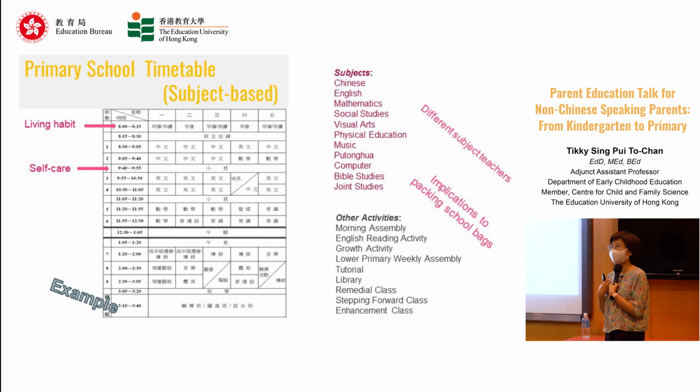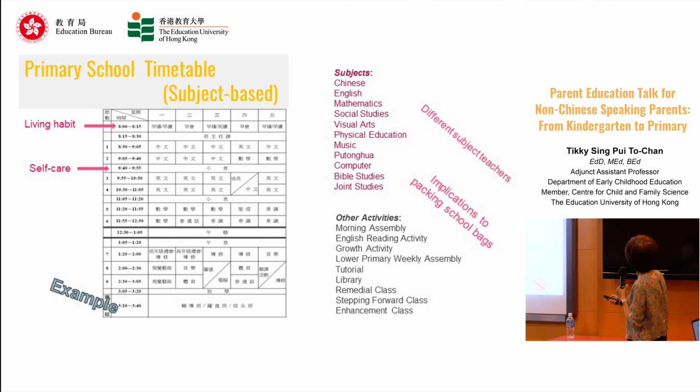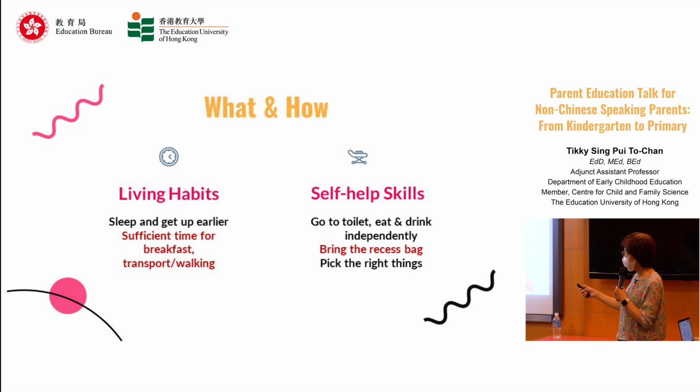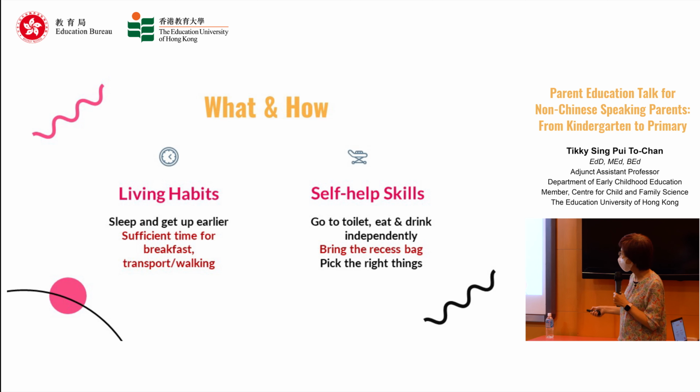But then, what can I do during this summer vacation? Does your child go to the toilet by himself or herself? Can he or she help himself to eat and drink the snacks? This is important. So my reminder is the living habits: sleep and get up earlier, sufficient time for breakfast, remember the transport and the walking, calculate the time.